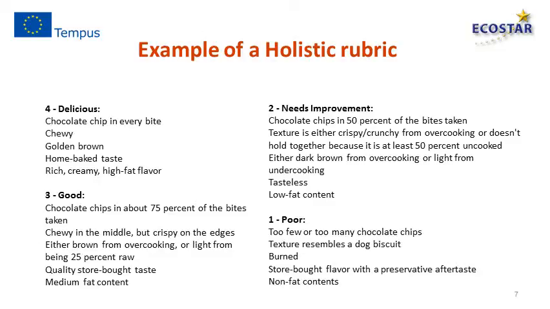You could maybe give a 2.5 or a 3.75, but basically you're only giving 1 score per cookie. Unlike the analytic rubric where you gave a score for each dimension, here you're only giving 1 score overall. And what you have under each rating point is a description, the performance standards of what constitutes a delicious cookie.